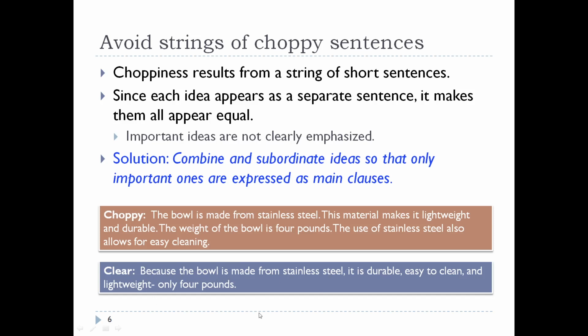Here in the second one, we create a relationship between these sentences. We present one sentence or one idea as the main idea and the others are subordinate to it. So if you look at this sentence, we say because the bowl is made from stainless steel, it is durable, easy to clean, and lightweight, only 4 pounds. Now we have connected these sentences.